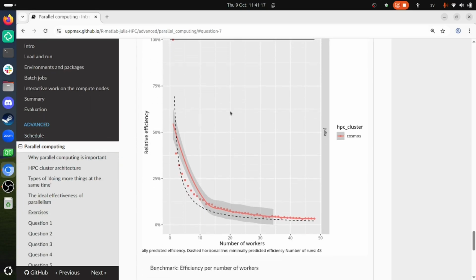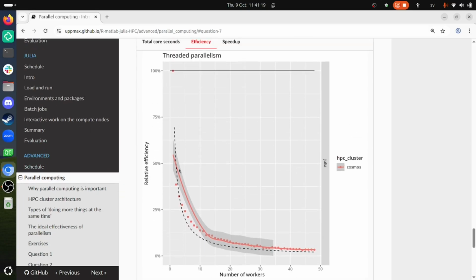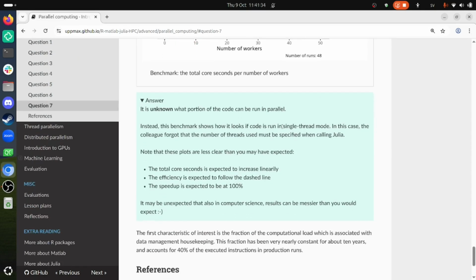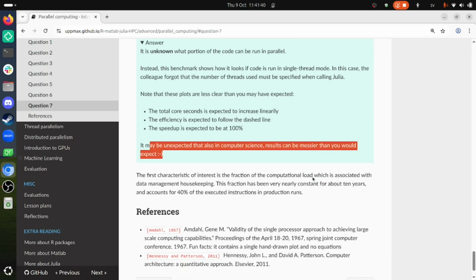Efficiency goes down quite similarly to what is predicted, but not as deep as you would expect. Total core seconds is not a perfect straight line either. Sometimes there are hiccups up and down. And maybe it's unexpected that also in computer science, results can be messier than you would expect.